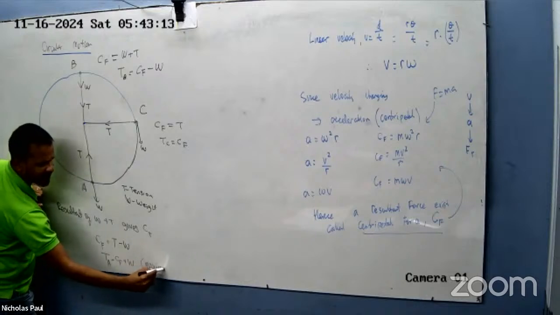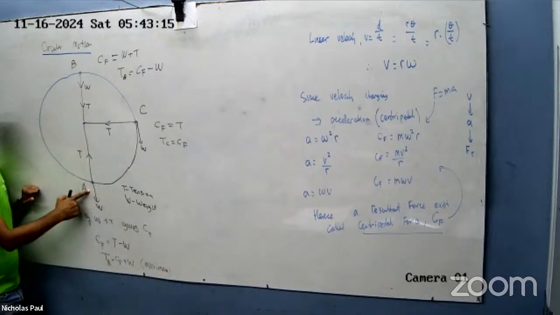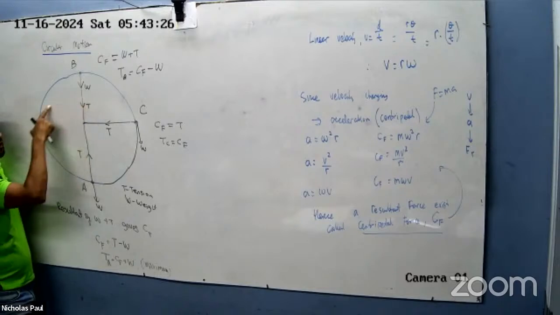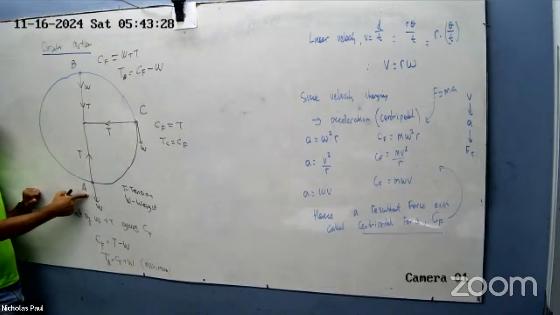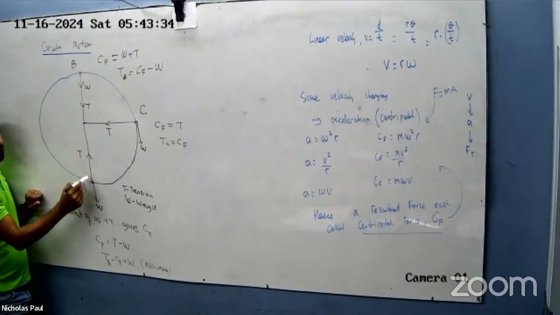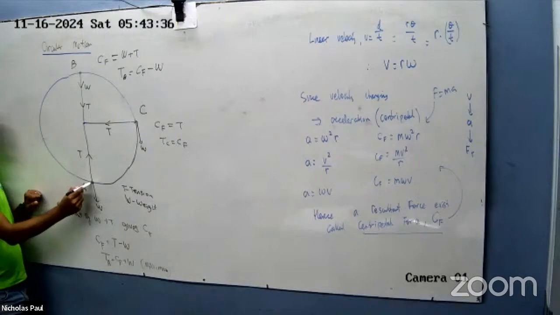Does it make sense that tension is maximum here? Where do you expect this string to break if you were twirling this in a circle? Most likely the string will break here, right? If the string breaks, it will break at that point and it will travel like that.